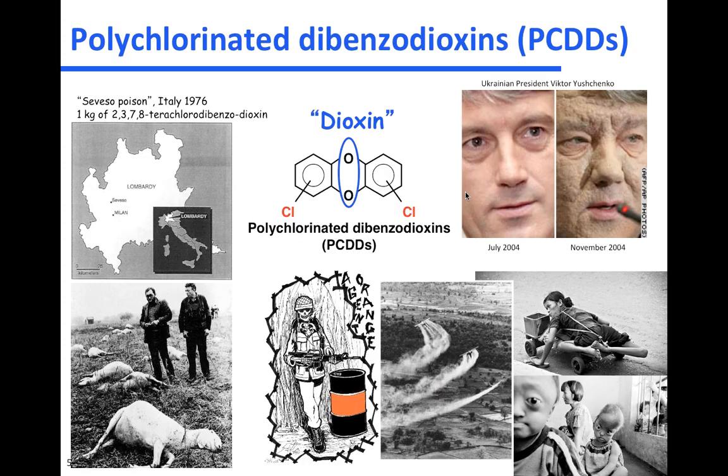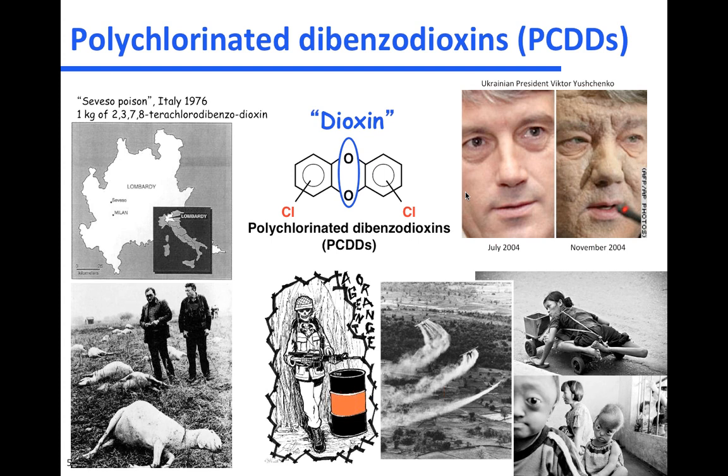On the next slide, with several pictures, I show you an example of a chlorinated chemical that was regarded as a poster child chemical for a xenobiotic. We talk about polychlorinated dibenzodioxins. In the center top, I show this general structure.